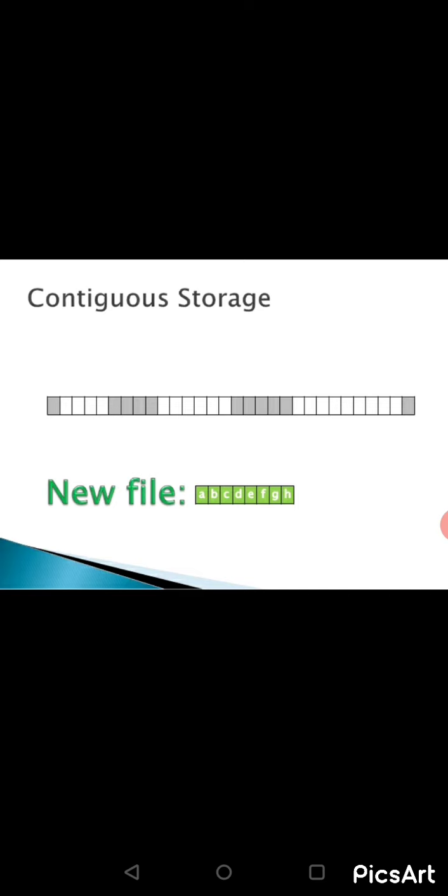So in contiguous you have to store it continuously. So in the first there are only 4 blocks available. Okay, so your file will not fit here. Your file size is 1 2 3 4 5 6 7 8 blocks. So it will not fit continuously in the first allocation.